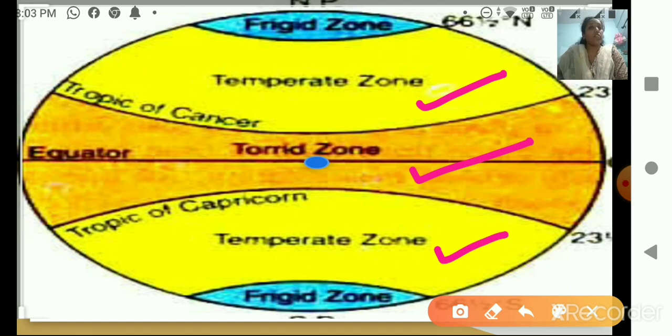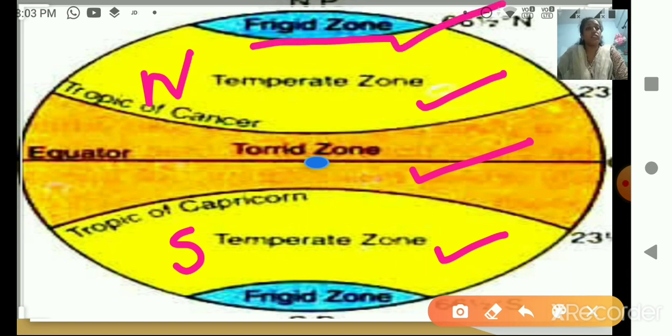The next one here is the temperate zone. It is also called the north temperate zone, and this is called the south temperate zone. And the third one is the frigid zone.